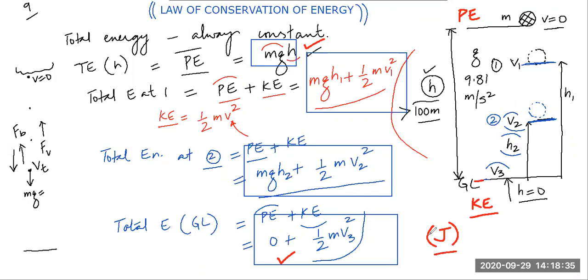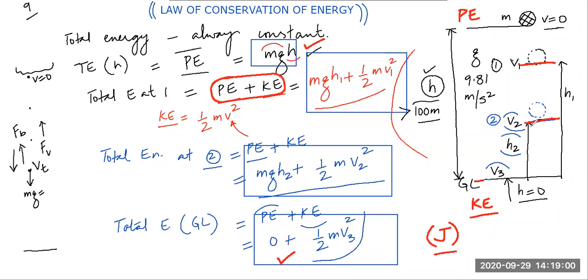So they'll be same. Also, students, at intermediate positions, that is at level 1 and level 2, at level 1 also, the body is having height also and velocity also. So its energy will be sum of potential energy and kinetic energy that we have calculated, mgh1 plus half mv1 square.